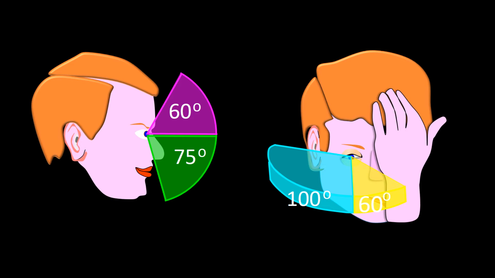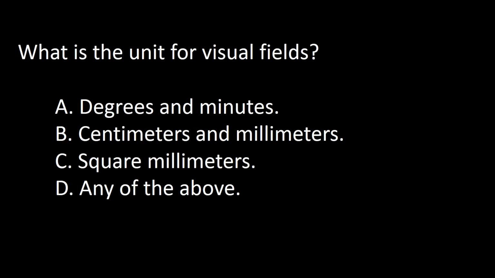The extent of the visual fields are limited to about 60 degrees up by the forehead, to about 75 degrees down by the cheekbones, to about 60 degrees medially by the nose, and to about 100 degrees in the temporal direction by the anatomical configuration of the orbit. So the answer to this question is A.